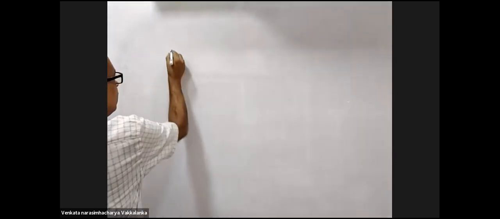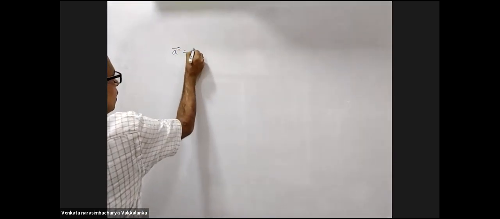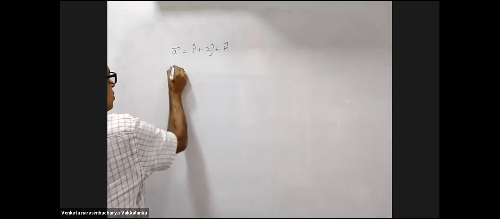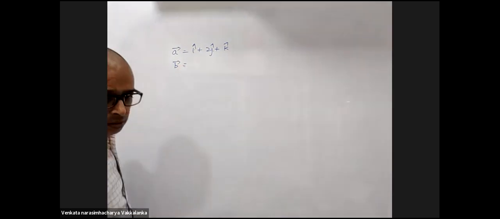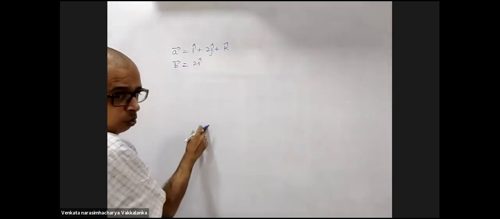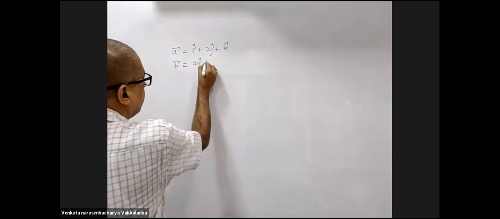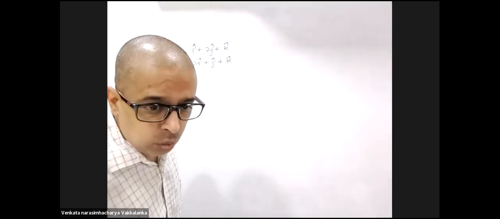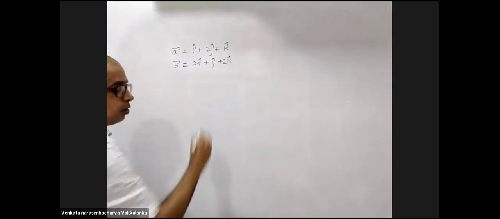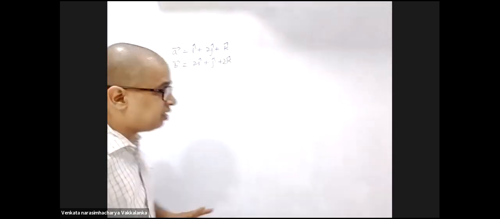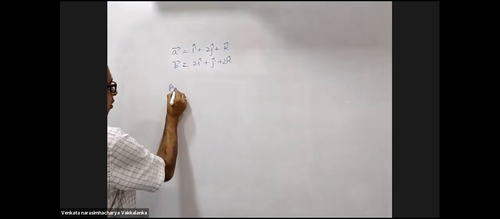Now, A is given as i cap plus 2j cap plus k cap. B is given as 2i cap plus j cap plus 2k cap, right? Projection of B on A, always see that carefully.